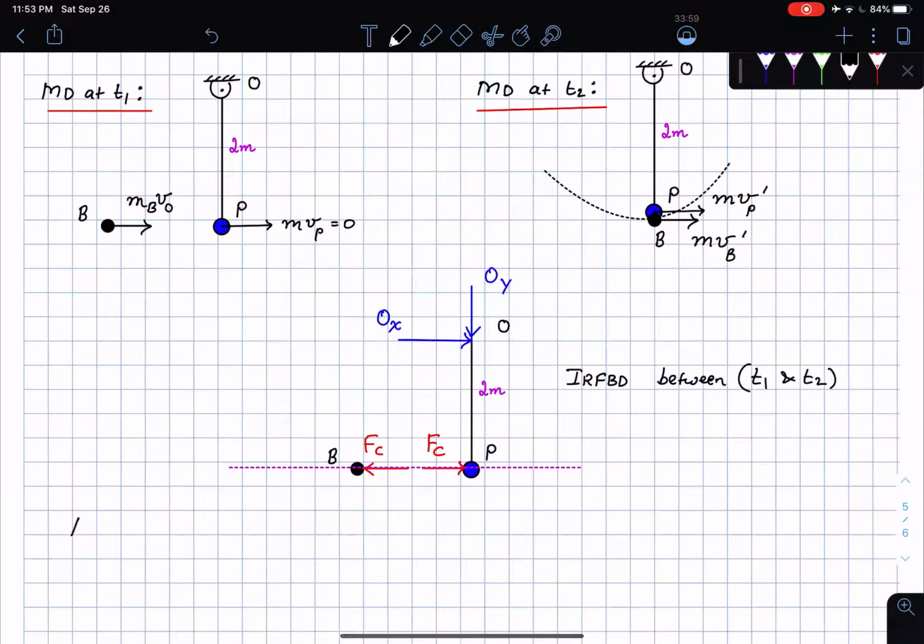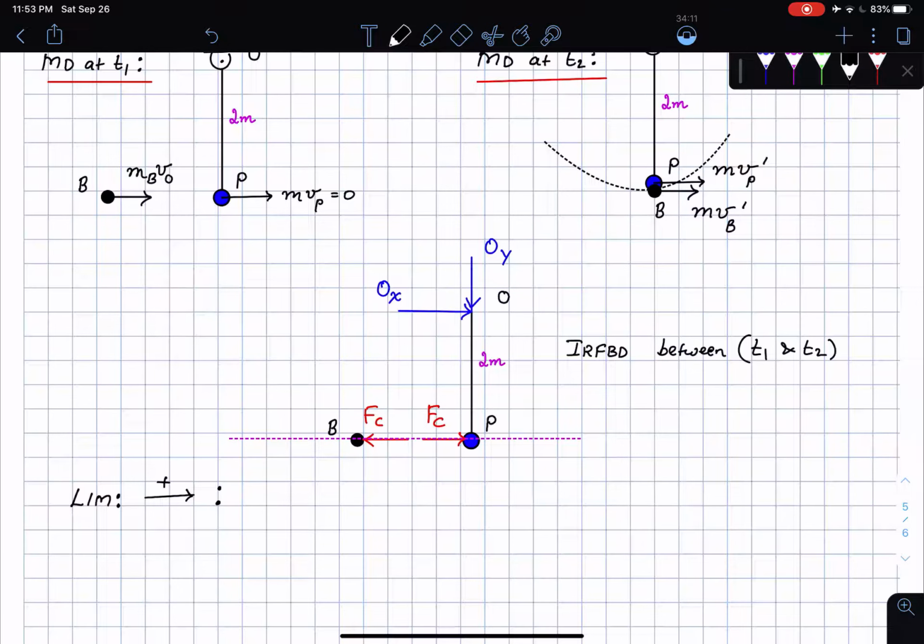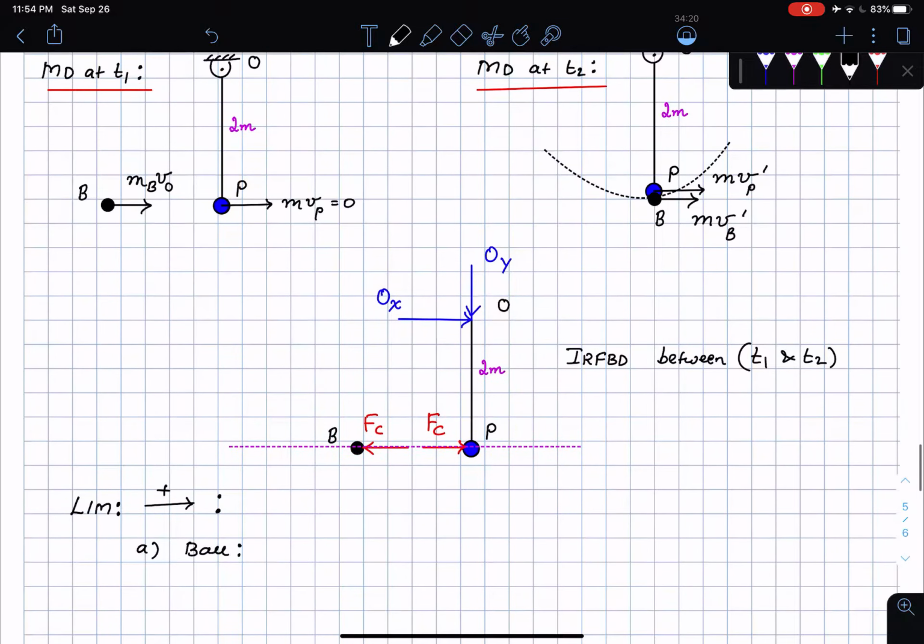Let me write linear impulse momentum, and I'm going to assume that the direction along the line of impact is positive. So this is the linear impulse momentum for the ball. At time t1, what is it going to be?